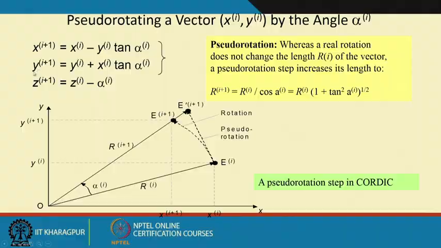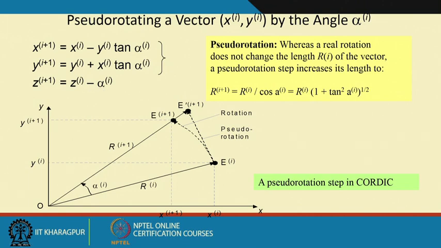So how will it decompose? In each step, how much angle I am traversing, I have to store that particular information somewhere. That information is stored in this equation, z equals initial vector z i minus alpha i.